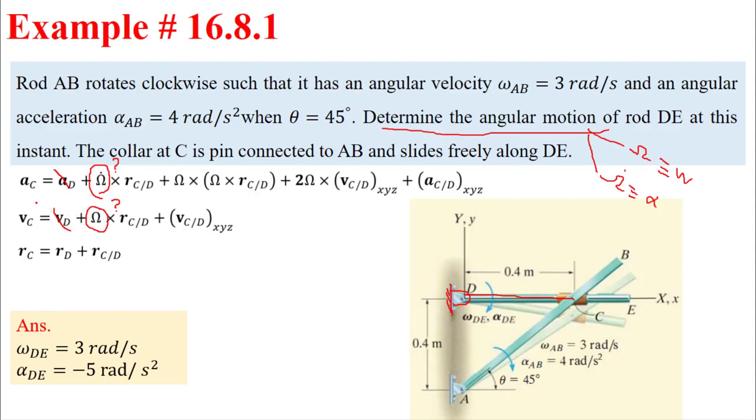Now, point C on the slider has acceleration and velocity. So we have here another unknown. This is again unknown. Okay, so how many unknowns? 4. Another thing we have here, this is unknown. We have nothing about this one, so this is unknown. And this one again is unknown.